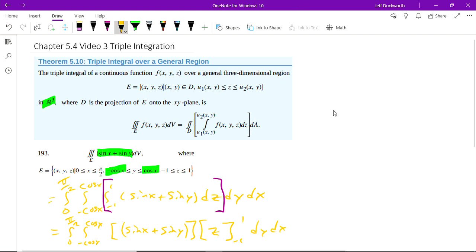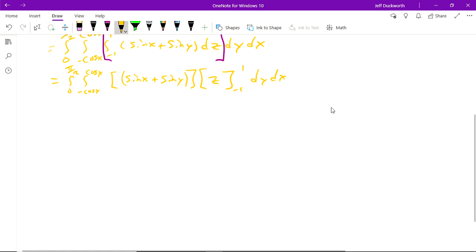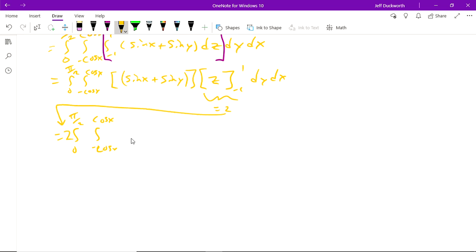And I'll have one of them, and I'll subtract negative one of them, so that'll just equal 2. This part here equals 2. So this is going to be 0 to pi by 2, negative cosine x to cosine x. And I can pull a 2 out. I'm just going to put the 2 out front.